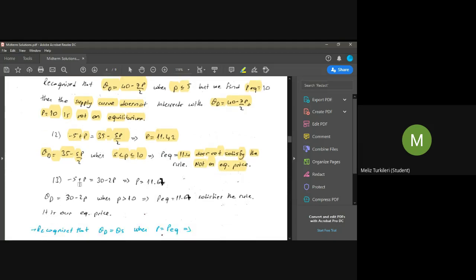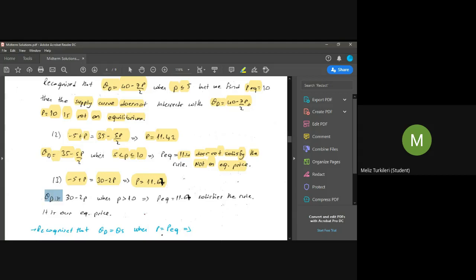Finally, check the final demand line. This is, again, our supply equation. We know that 30 minus 2p is our aggregate demand equation. If you equalize them, you will find that price should be equal to 11.67.